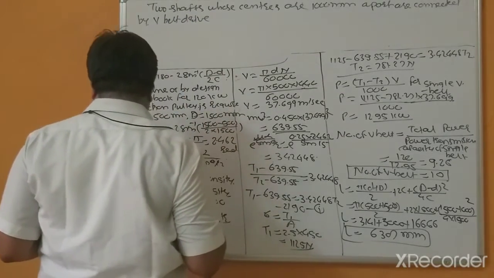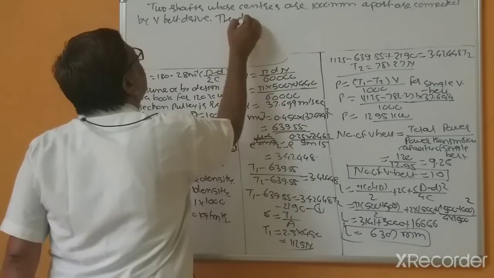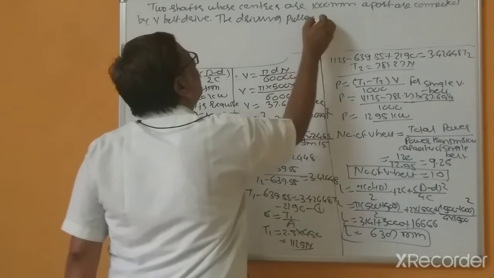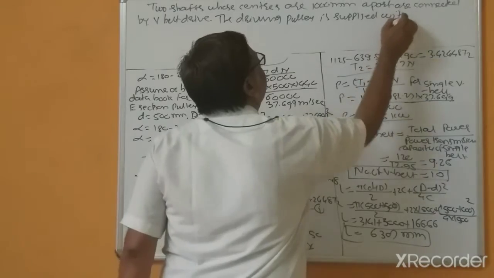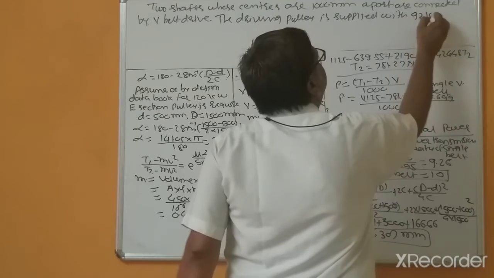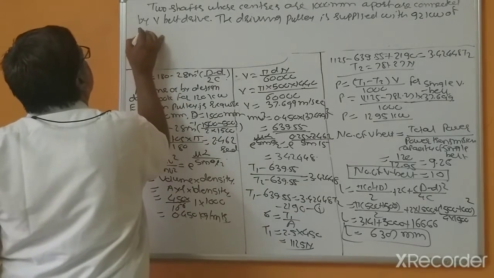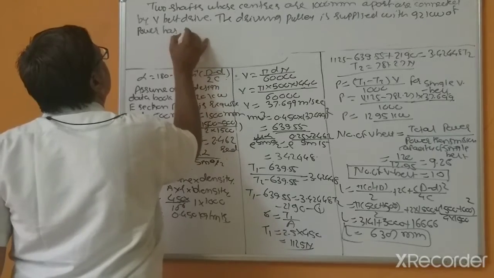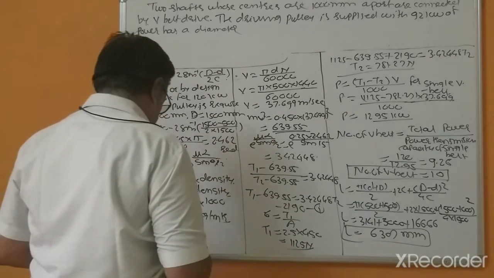The driving pulley is supplied with 92 kilowatt of power and has a diameter of 300 mm.